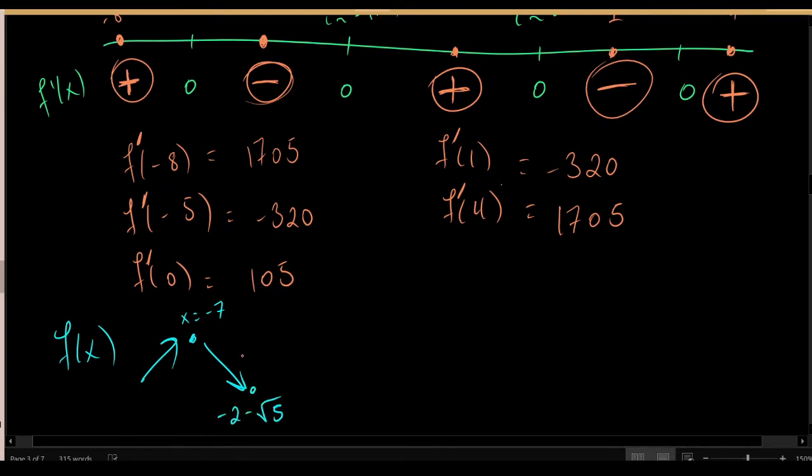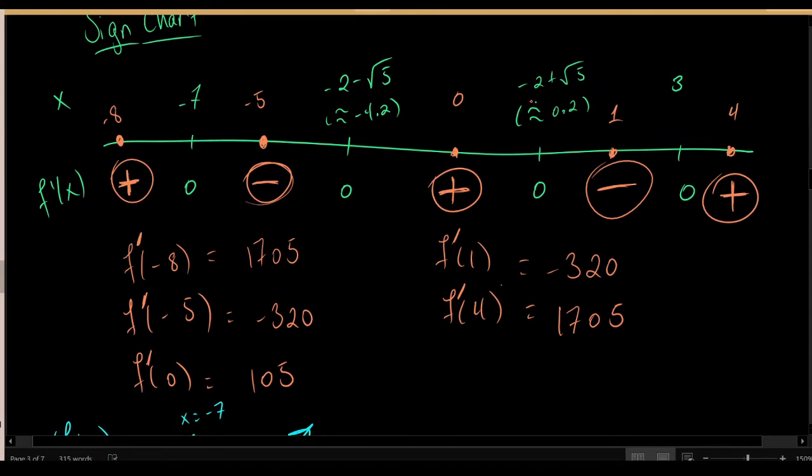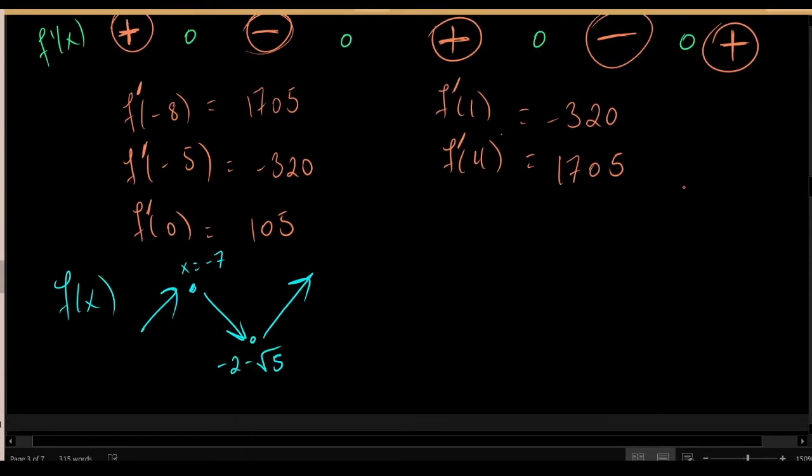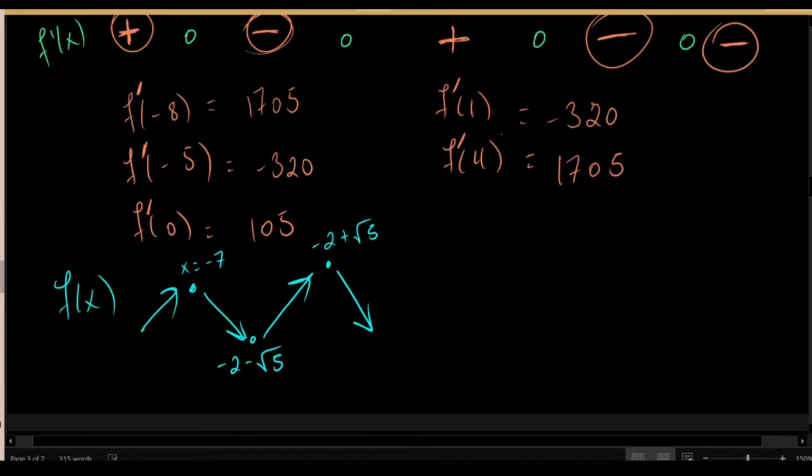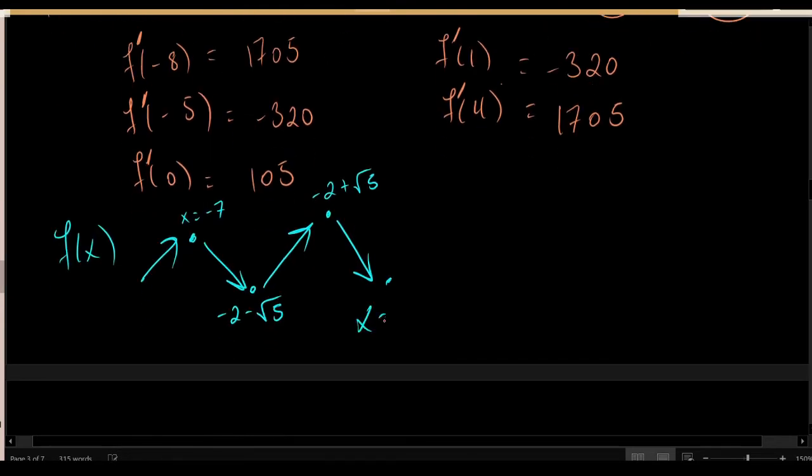And then the original function begins to increase again until we hit -2 plus √5. Then the function starts decreasing again until we hit 3. And then the function starts increasing again.